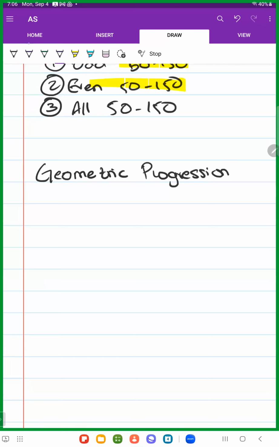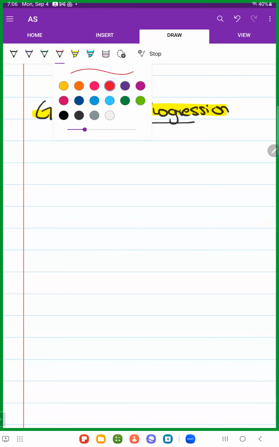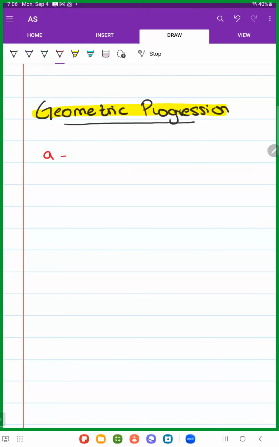In arithmetic series, we had a constant common difference, yes? All right, so geometric progression is something like this. We have something known as A, which is the first term of the series. Then we have D, which is the common difference.